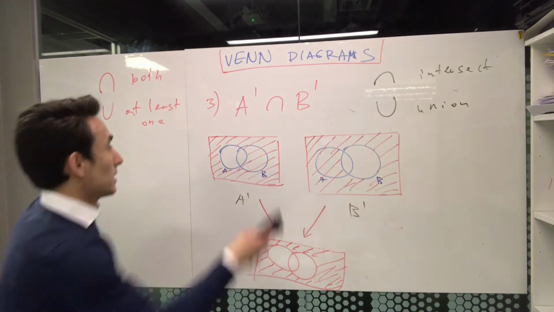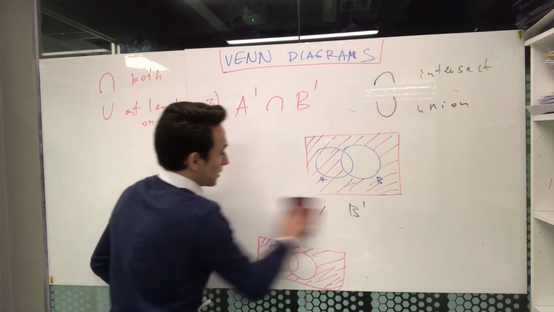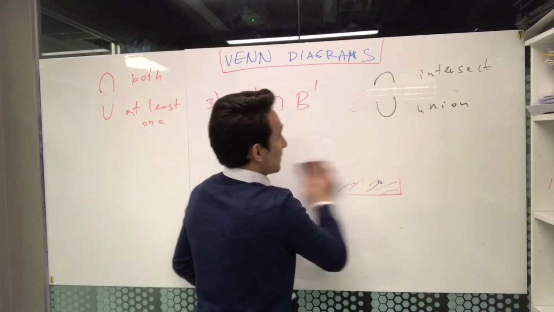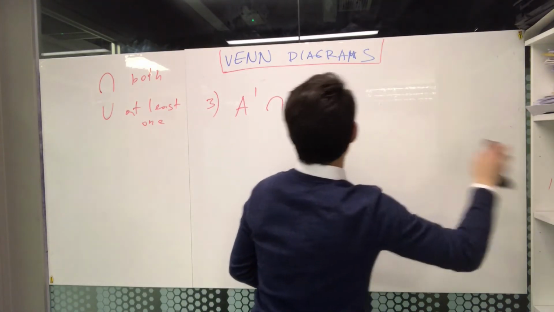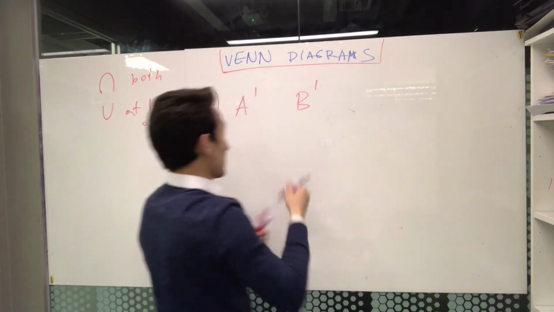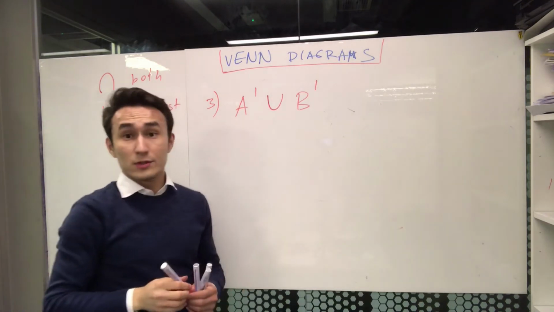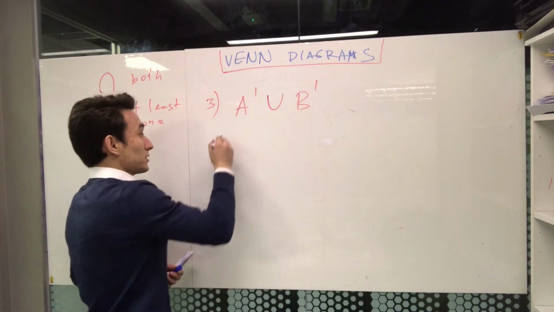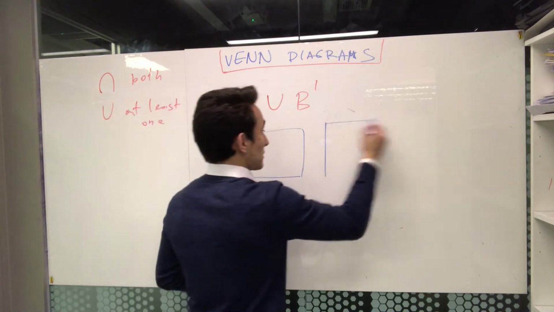Now, next question, how about this? Not A union not B. This question was not A intersect not B, and I'm gonna change this up a bit to not A union not B. You will do the same procedure. Two-step process, so the two Venn diagrams, just like this.